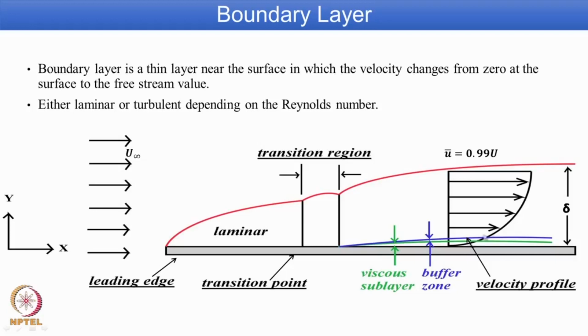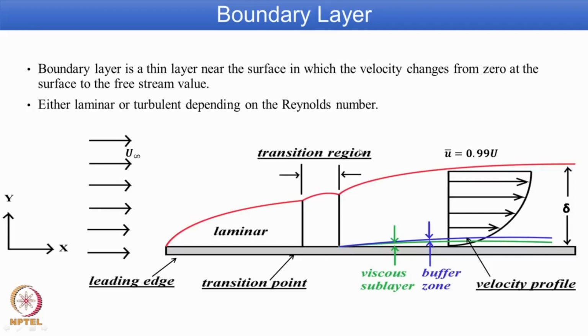So, turbulent boundary layer has three main regions. One is viscous sublayer as marked here, then buffer layer, then log layer, and boundary layer thickness is given by a symbol delta, and boundary layer is defined as velocity which is equivalent to 99% of free stream velocity or the incoming velocity, 0.99 of u infinity.